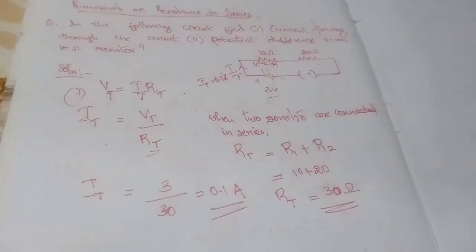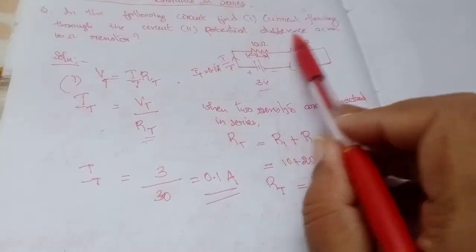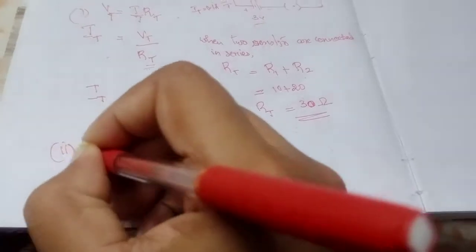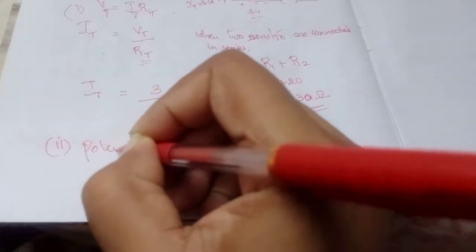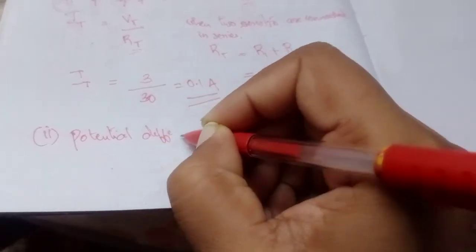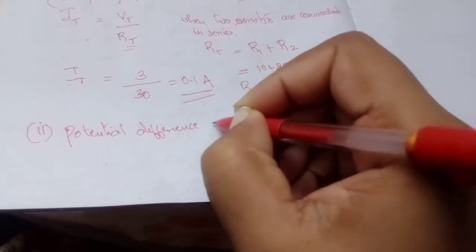What is the second question? You need to find out the potential difference across the 10 ohm resistor, or we can say we need to find the voltage. How can we write voltage?